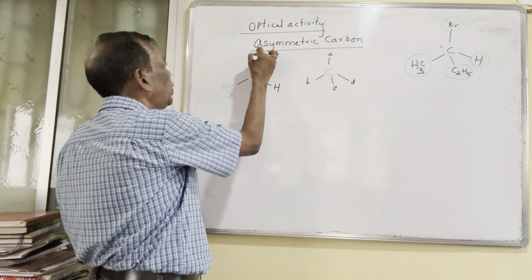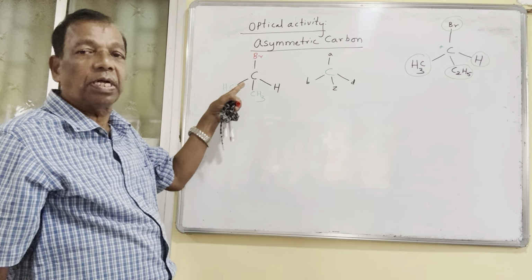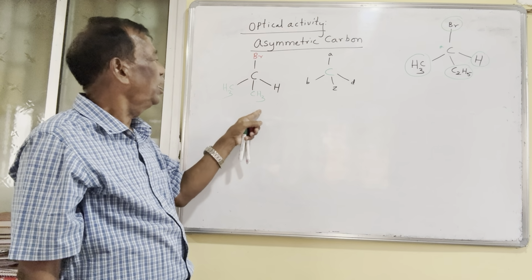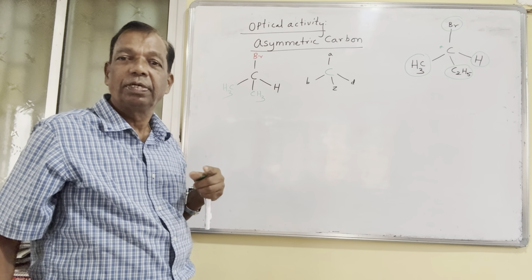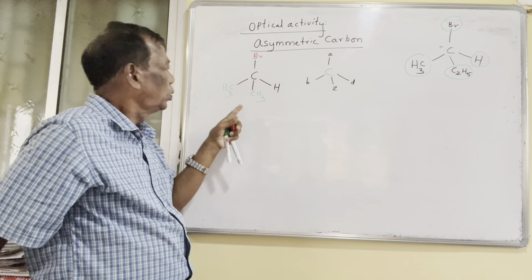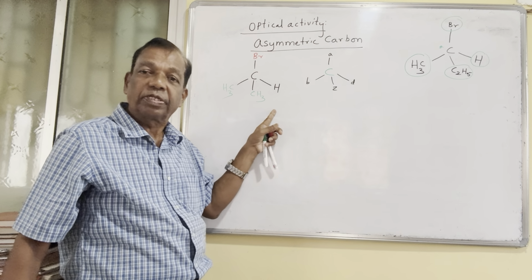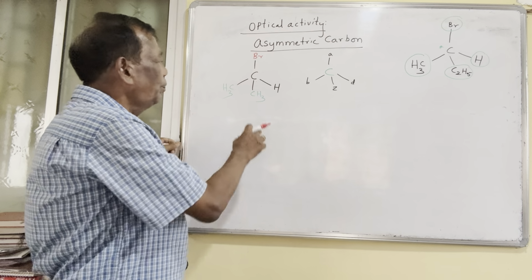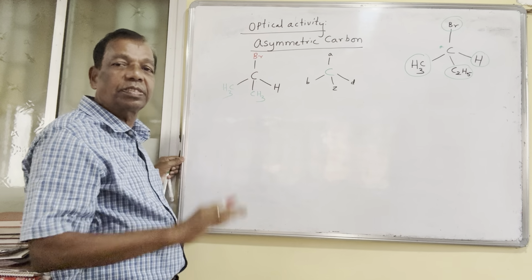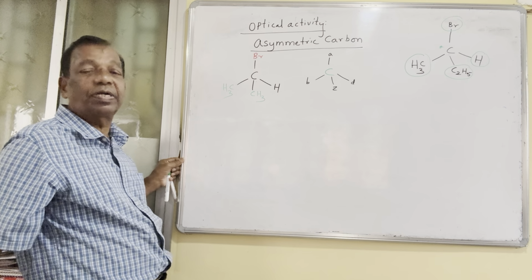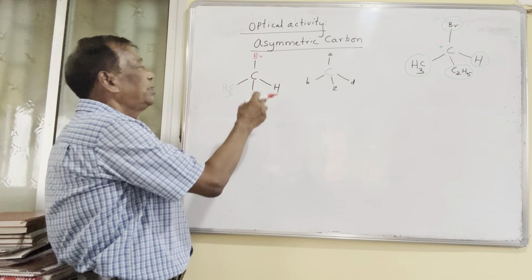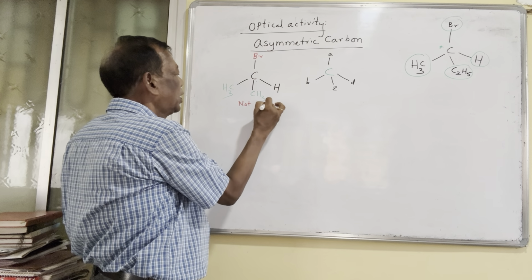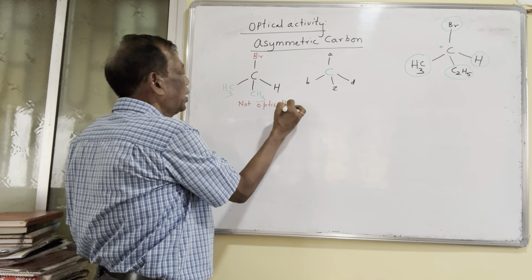Now you can observe properly that to this carbon there are 2 groups which are the same attached here. Means of the 4 bonds, 2 bonds are satisfied by the same group, methyl. Then this carbon is not called an asymmetric carbon, and this compound is not optically active.